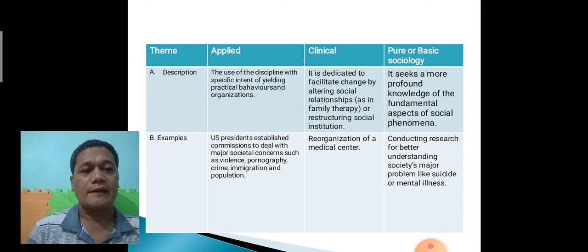Kasi dito, naging isang profession na siya at ginagamitan na siya ng mga mas complicated mechanics and system and dealing, starting usually sa tinatawag natin mga family therapies. So, ito'y connected din doon sa tinatawag nating mga counseling and psychological approaches. Okay, so yan yung mga reorganization of a medical center, and others.